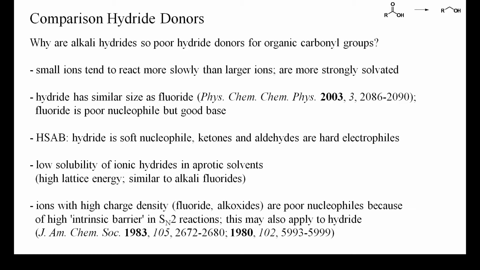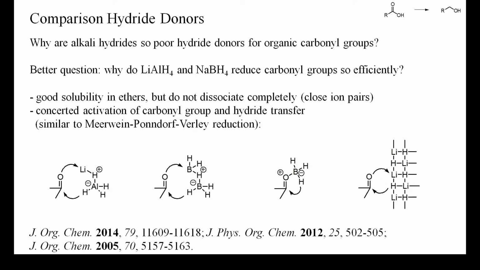Finally, there may be an intrinsic high activation barrier for the addition of hydride to carbonyl compounds. Such barriers have been found for fluoride and alkoxides and could also exist for hydride. It may also be unfair to compare ionic hydrides with the superb reducing agents sodium borohydride and lithium aluminum hydride. The latter two compounds are not only more soluble in ethers, but react with carbonyl groups by simultaneously acting as Lewis acid and as hydride donor, similar to aluminum isopropoxide in the Meerwein-Ponndorf-Verley reduction.